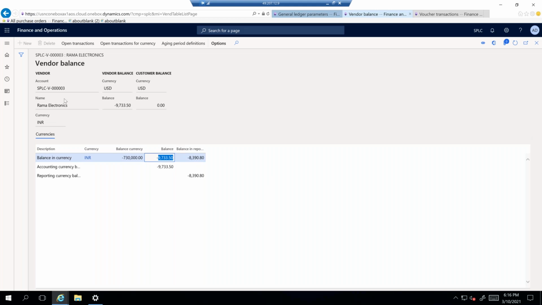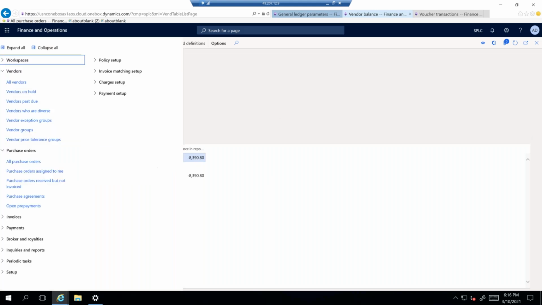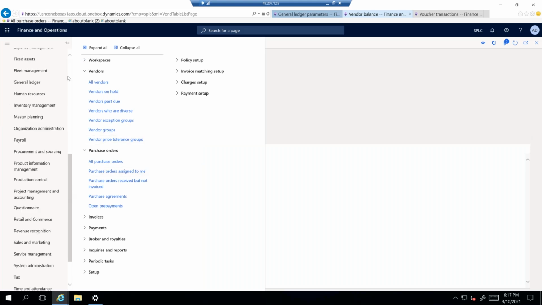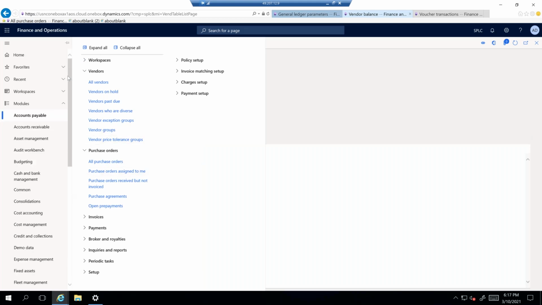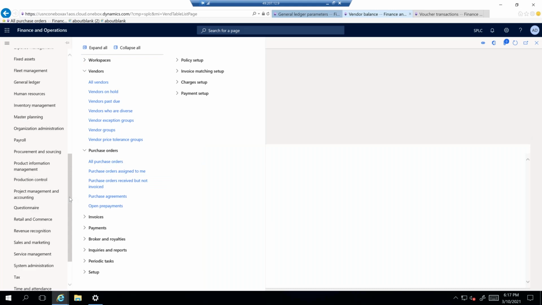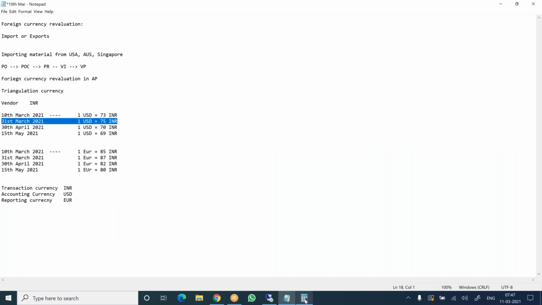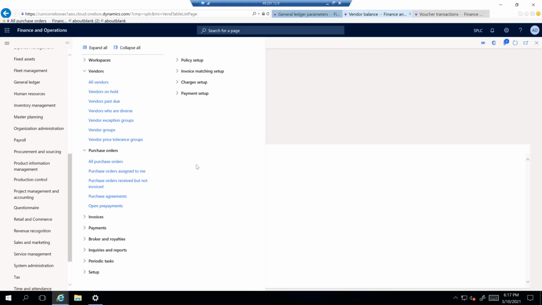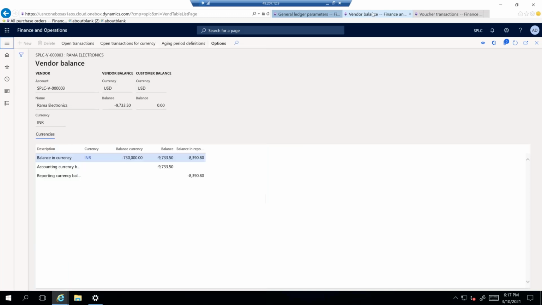So maybe somewhere else rounding differences were mapped. Let me verify, because this environment is handled by many people. Somewhere else rounding is there. That is the reason it is coming with 50. It should not be 50. It is 33 only. Okay, somewhere else it will be there. So we will deviate from the functionality.